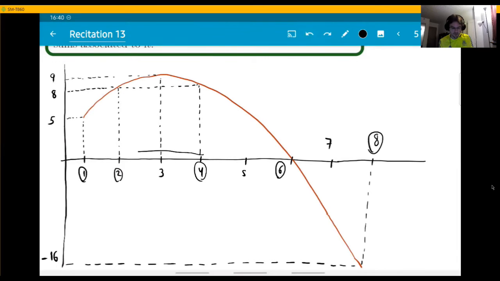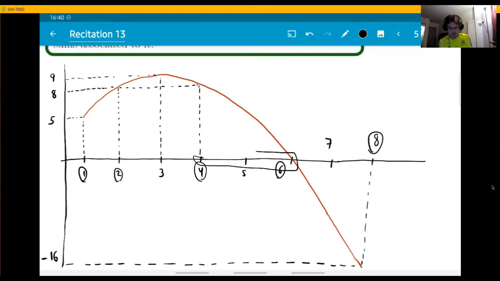What about between 2 and 4? There's actually two possibilities this time. It doesn't matter. The smallest f value that we find is 8. It happens at two locations. It happens both at 2 and at 4. So either one of those could be your x star, your sample point, either 2 or 4. So we have 1 for the first, let's say 2 for the second.